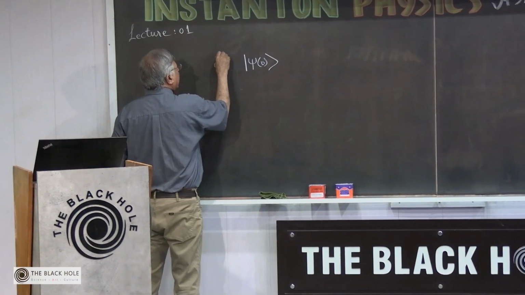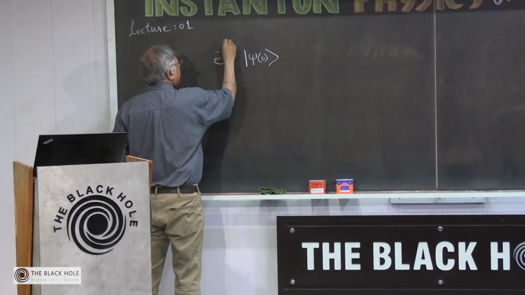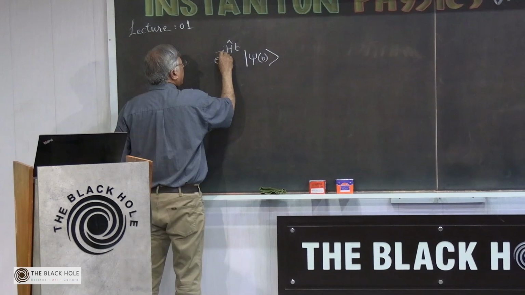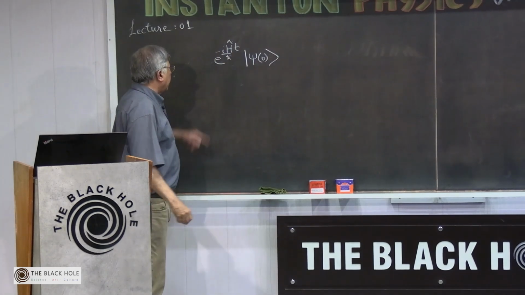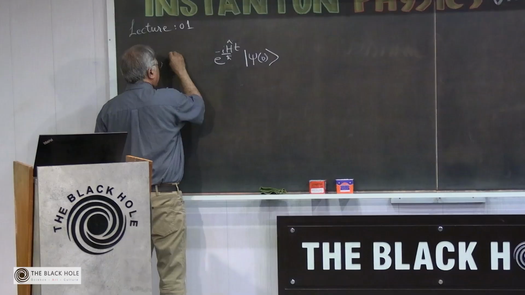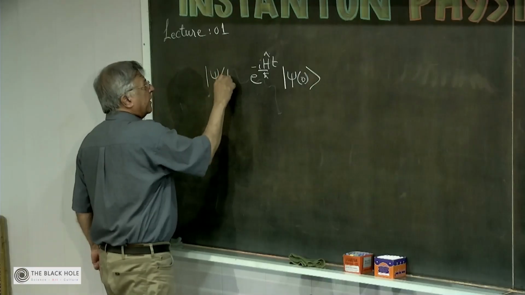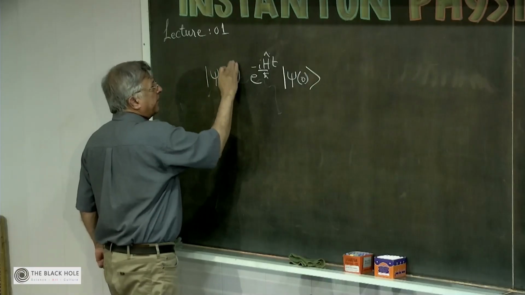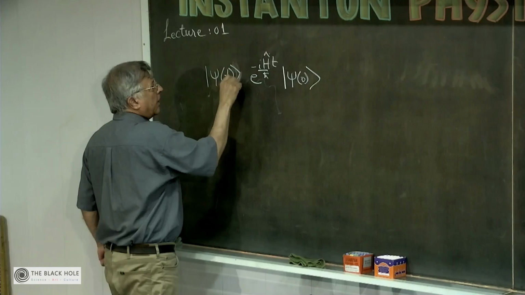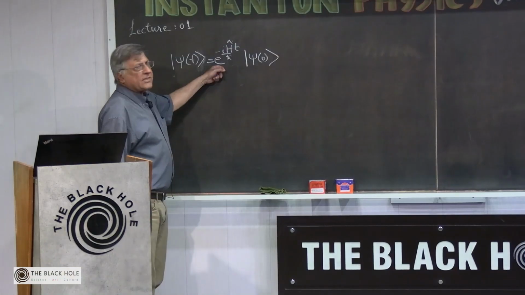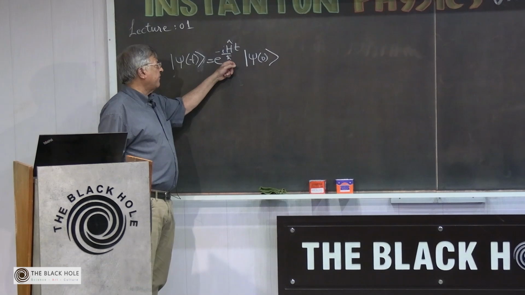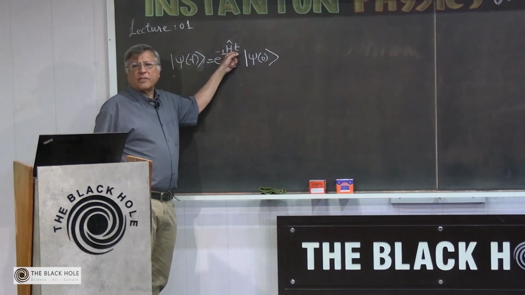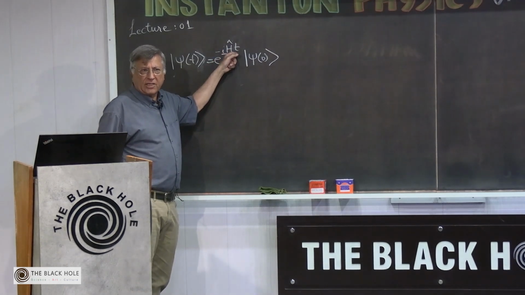Well, then I apply the operator e to the minus iHt over h bar. And this is what gives me the state at a later time. So this is the evolution operator, e to the minus iHt over h bar. So the Hamiltonian is called the generator of time translations.